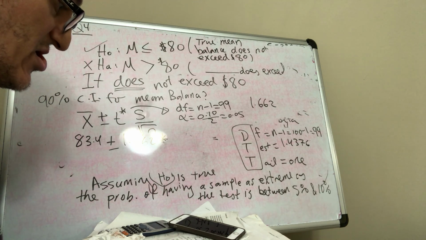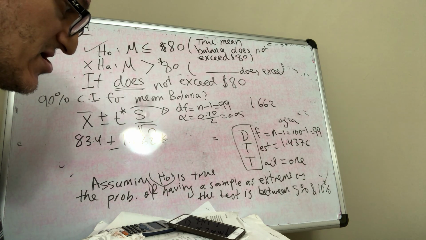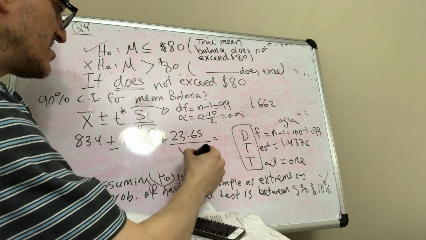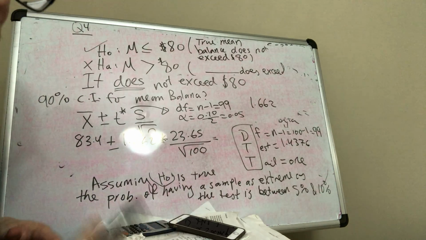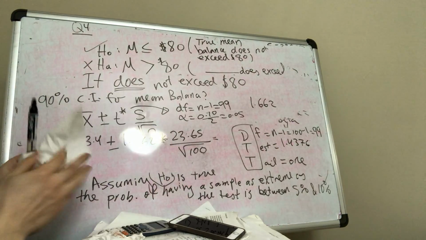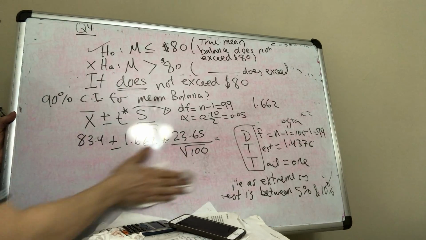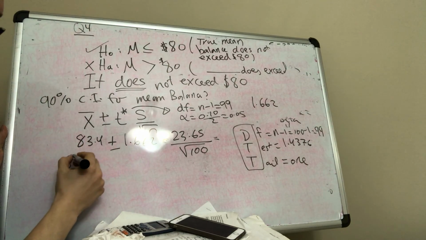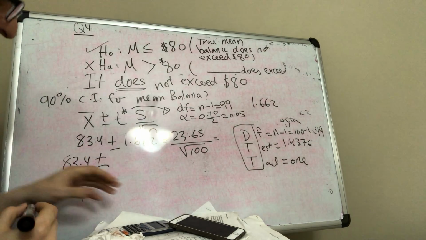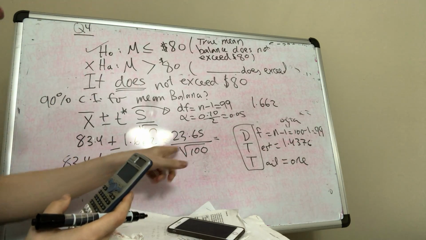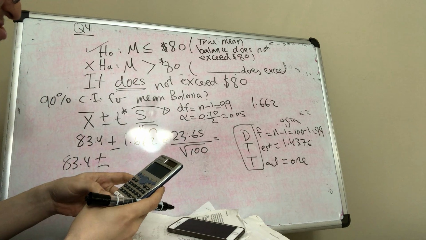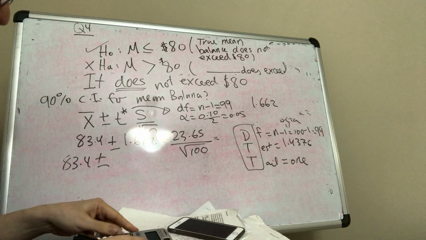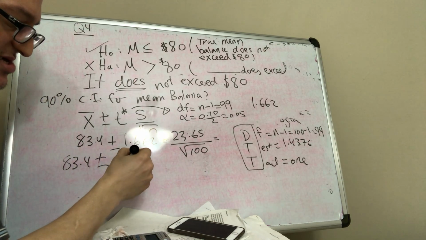Standard deviation, we also calculated earlier, and it was 23.65, over the square root of 100. So you bring the first number down, and you do what comes after the plus minus: 1.662 times 23.65 over the square root of 100, and that gives you 3.936.